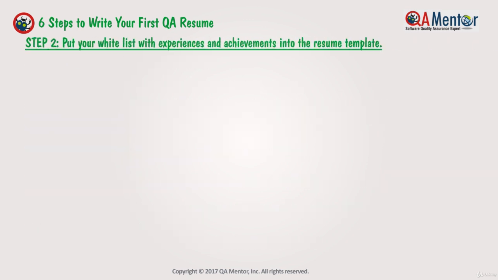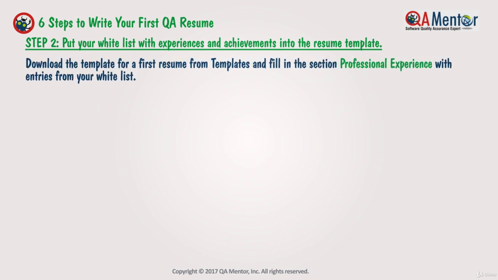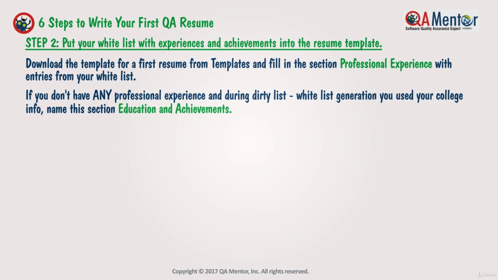Put your whitelist with experiences and achievements into the resume template. Download the template for a first resume from Templates and fill in the section Professional Experience with entries from your whitelist. If you don't have any professional experience and during Dirty List whitelist generation you used your college info, name this section Education and Achievements.